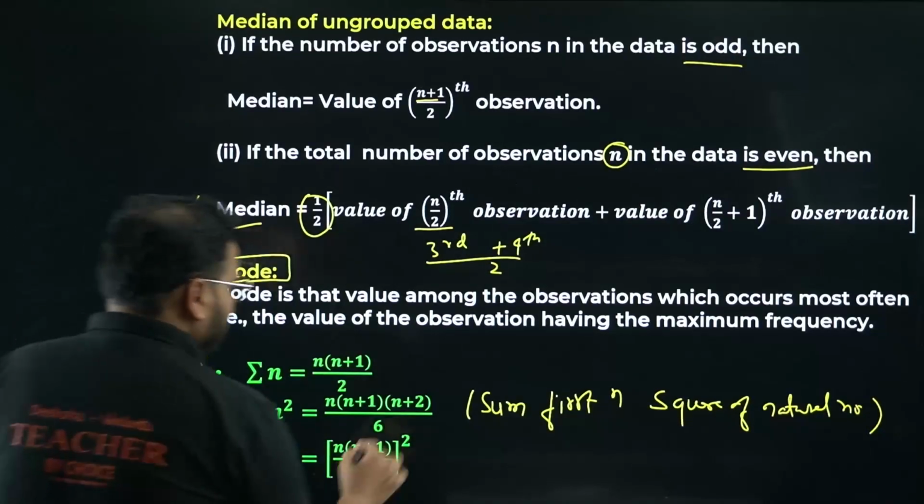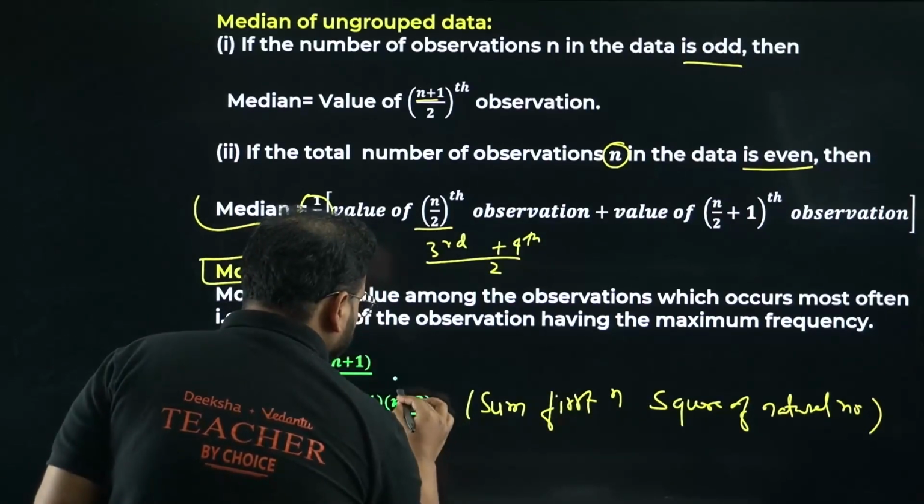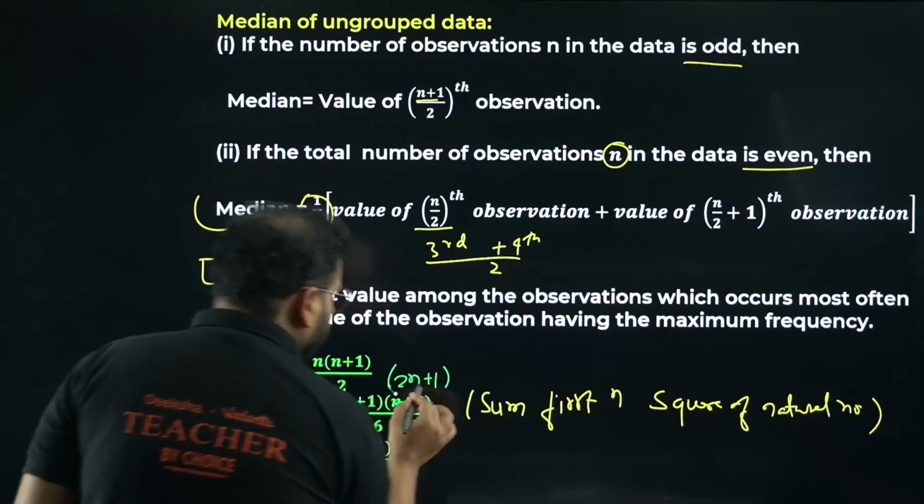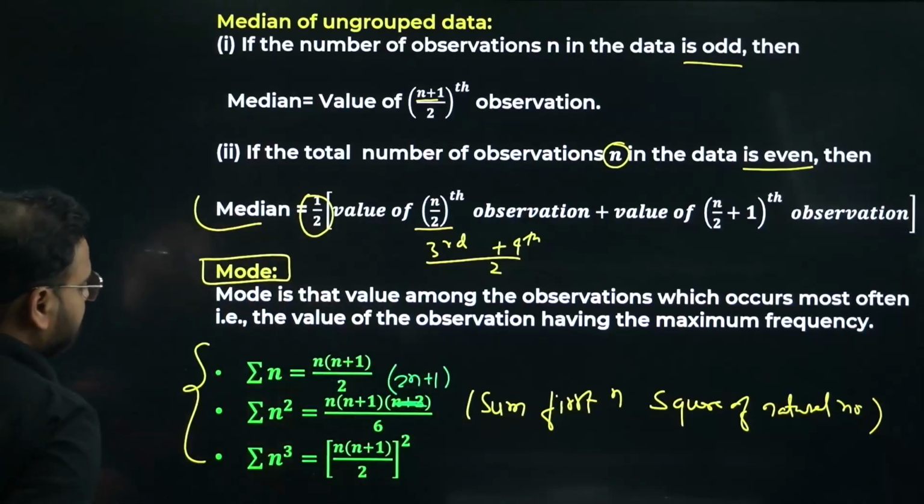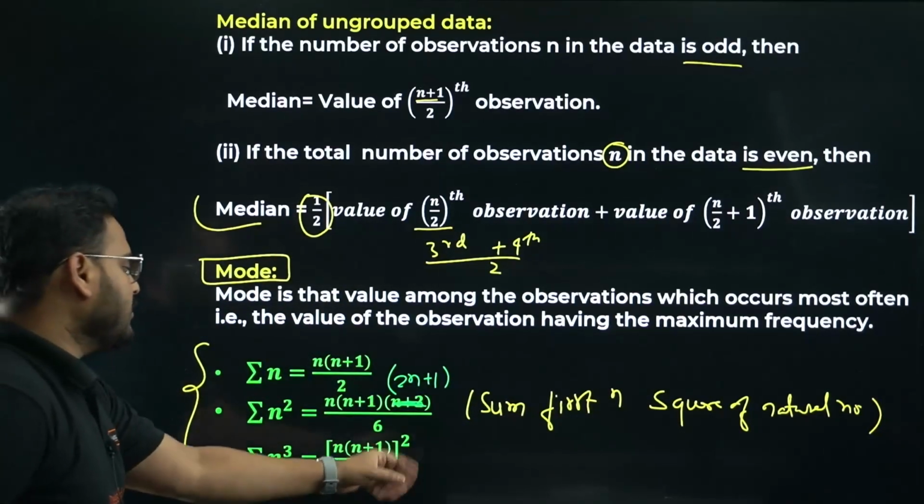Please check, it will be coming as 2n plus 1. And we have the sum of n cubes, which equals n times (n plus 1) by 2, the whole square.